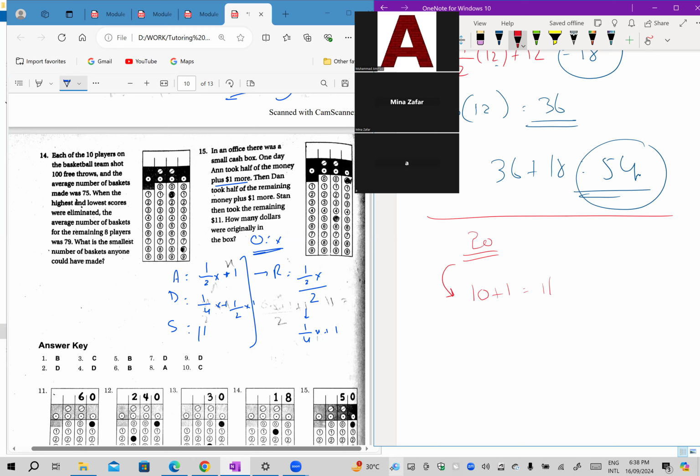Then Dan took half of the remaining money plus one more. Half of the remaining means 11 by 2, right?